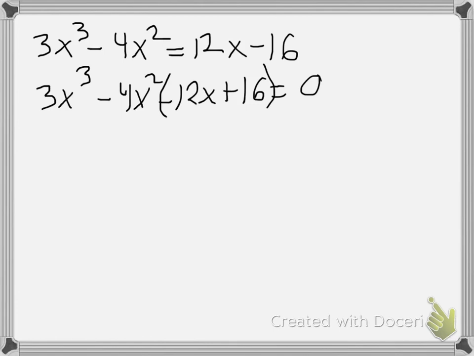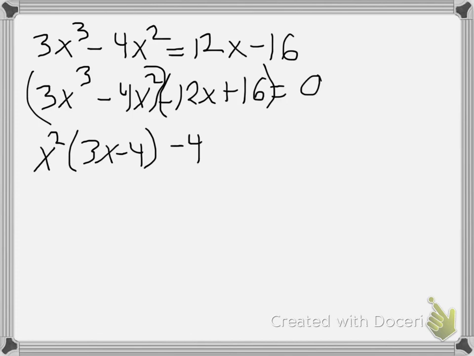Then group them. What's the greatest common factor between 3x cubed and 4x squared? Well, it's going to be x squared. So I've got x squared times 3x minus 4. And the greatest common factor between negative 12x and 16 is going to be negative 4. And that's going to end up being 3x minus 4.